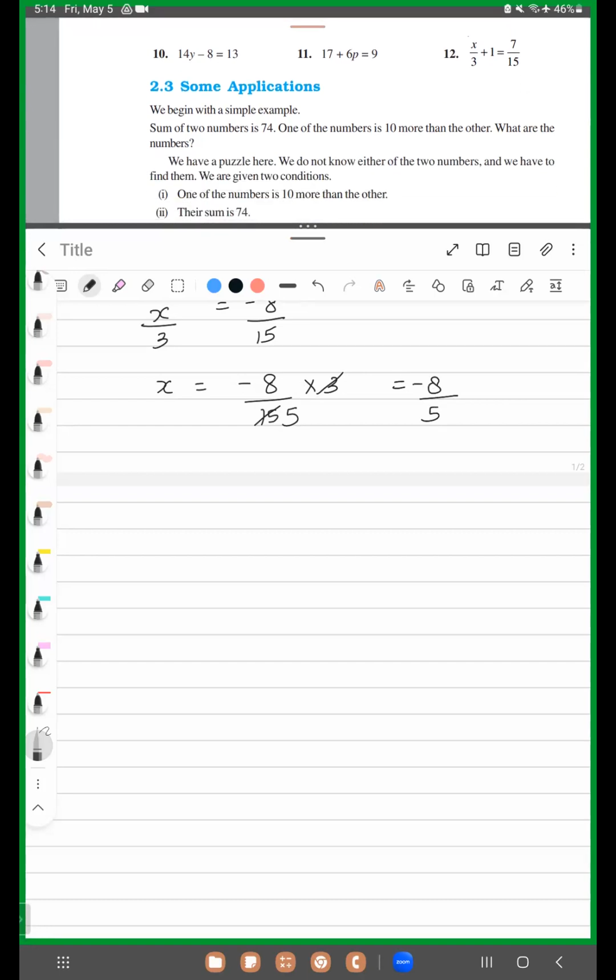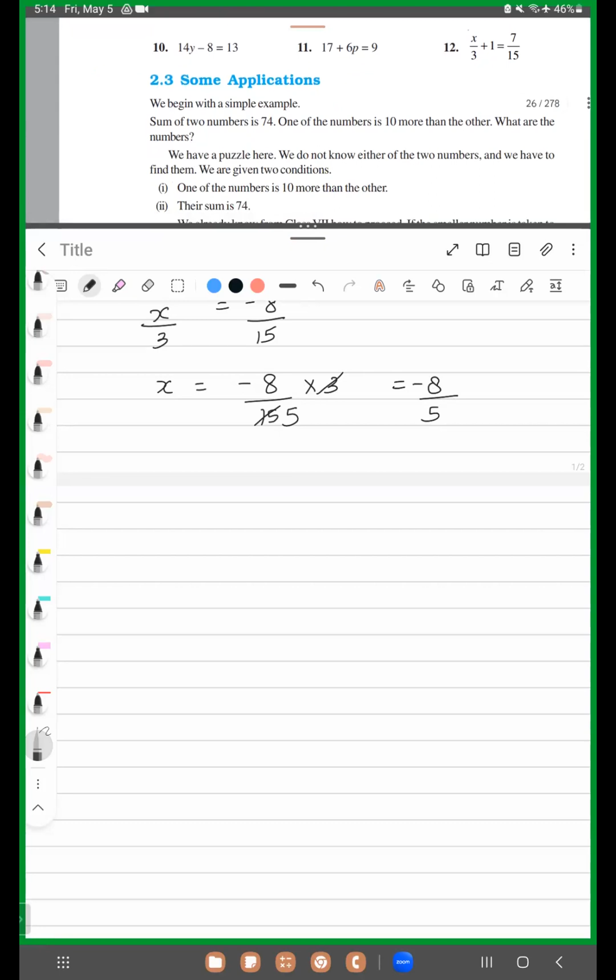Anything else? The rest I will do as the homework. Oh, yeah. Okay. And send them to me. Okay.